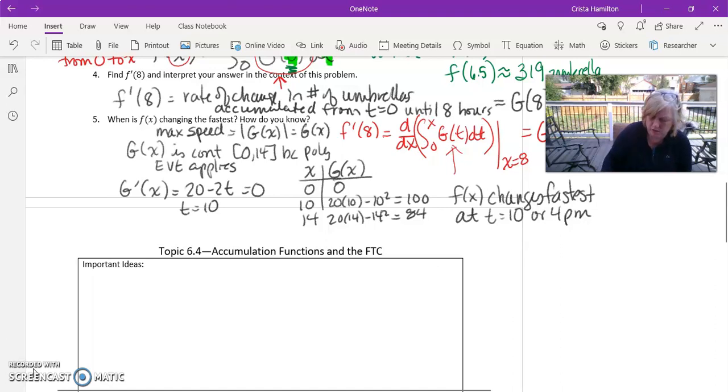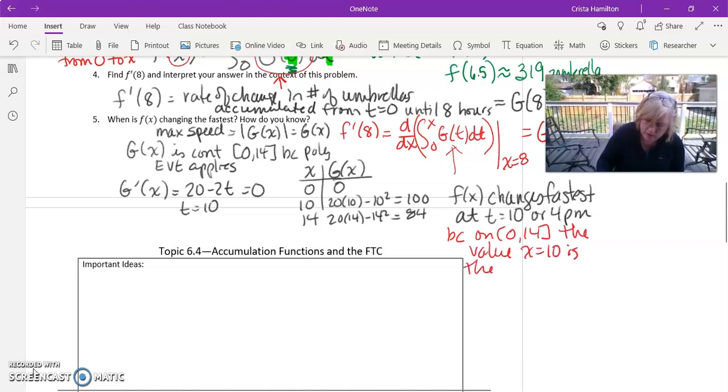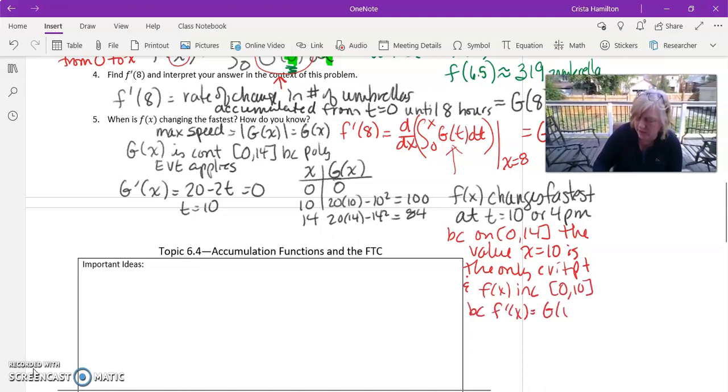So the alternative, I'll put in red down here, is that you could have also said that f of x changes the fastest at t equal to 10, or 4 p.m., because on 0 to 14, x equal to 10 is the only critical point, and our function f of x is going to increase from 0 to 10 because f prime of x, which was equal to g of x, was greater than 0 for 0 to 10, and f of x decreases from 10 to 14.